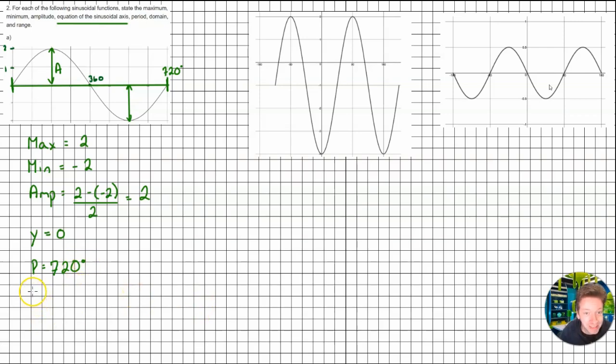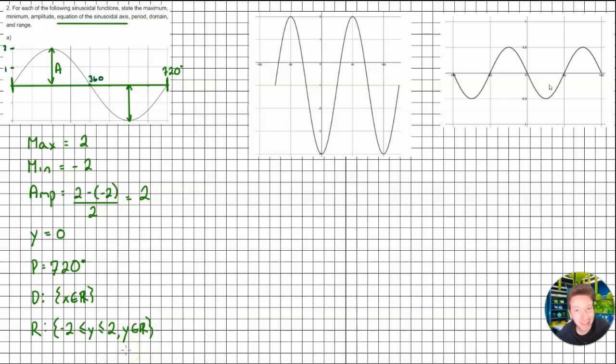So our domain is next, and this goes on forever to the left and to the right for all real values of x. And finally, our range goes between our max and min, so we have -2 is less than or equal to y, which is less than or equal to +2 for all real values.